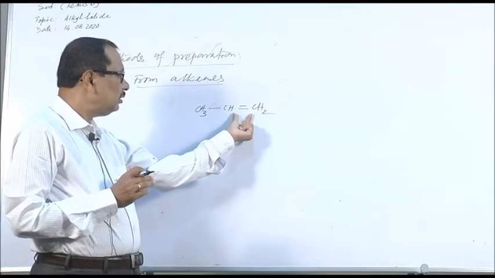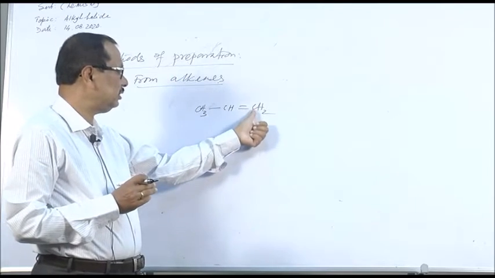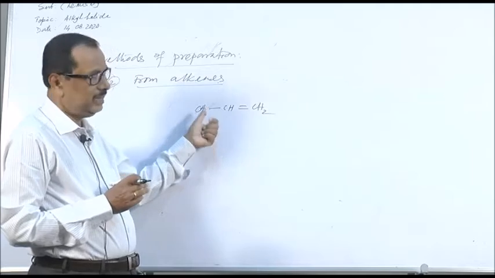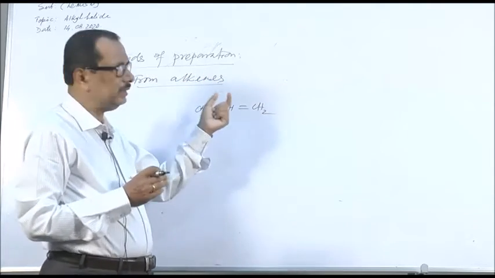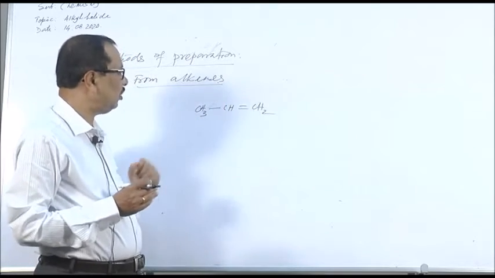Because the double bond has different carbon atoms. Here it is CH2, here one is CH. Therefore, this is called unsymmetrical. In the earlier case, ethylene is a symmetrical alkene, but here it is unsymmetrical.